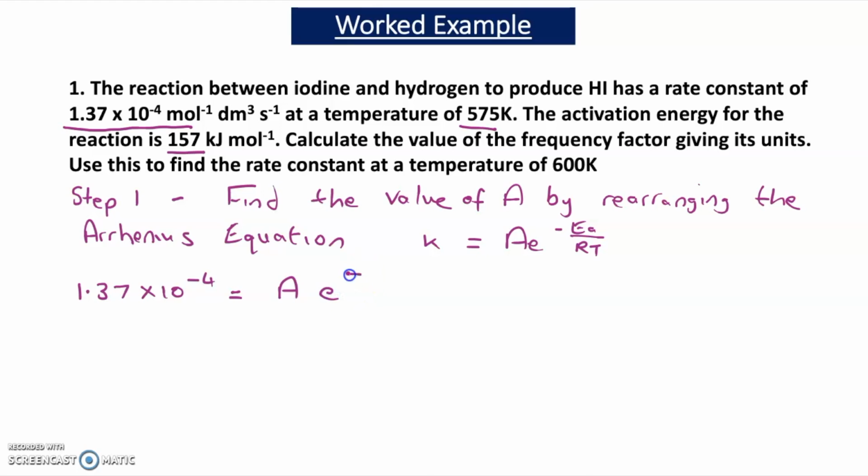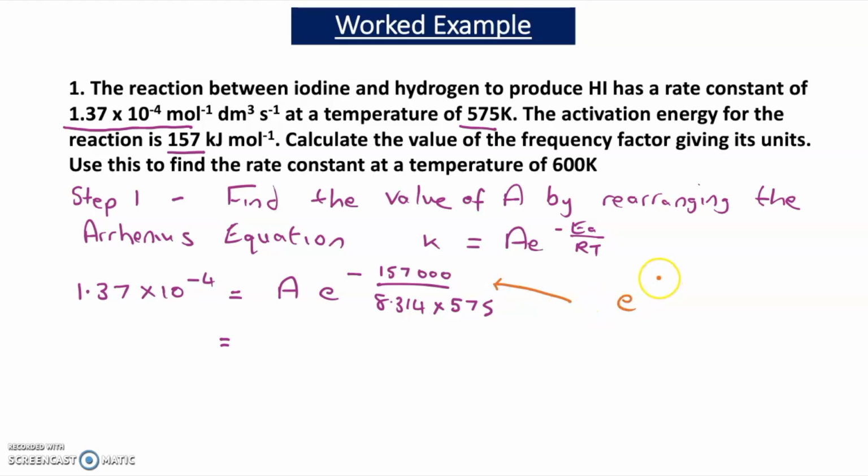So you can see I've got 1.37 times 10 to the minus 4 is equal to A e to the minus 157,000, because it has to be joules, over 8.314, the value of R, times 575, which is our temperature in Kelvin.